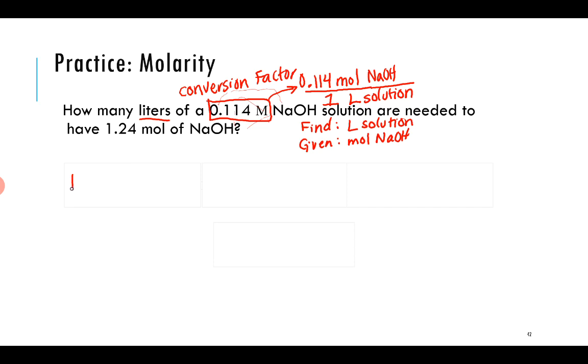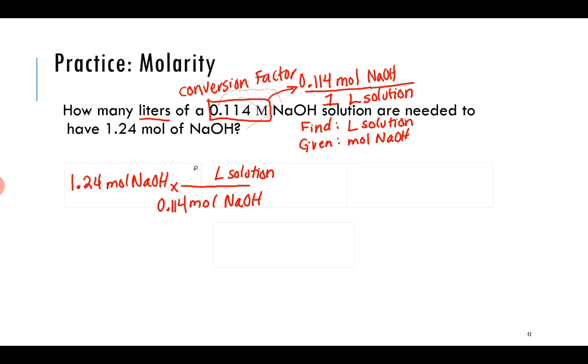So I can start setting up my problem where we have 1.24 moles of NaOH. I need to cancel out my moles of NaOH, and I need to get into liters of solution. When I look at my conversion factor, I did not budget my space well.